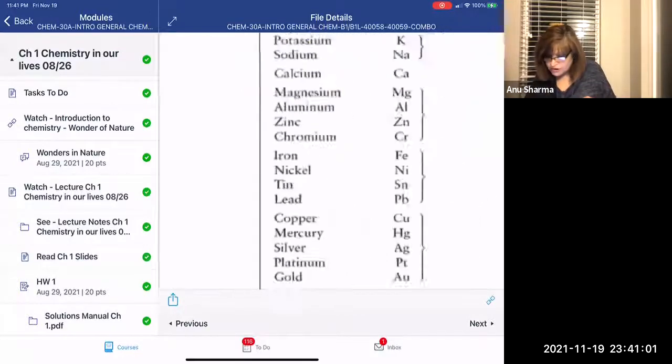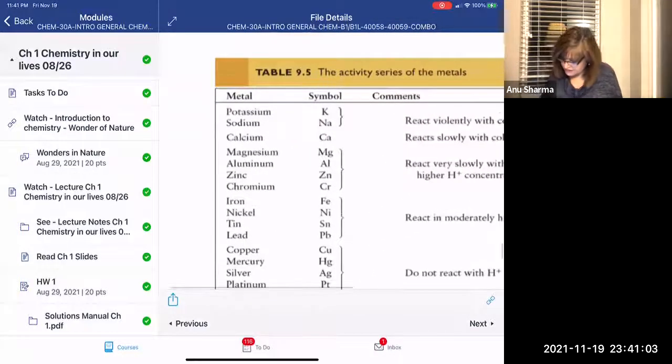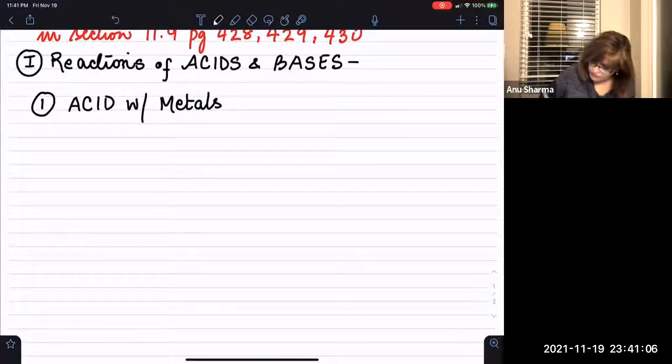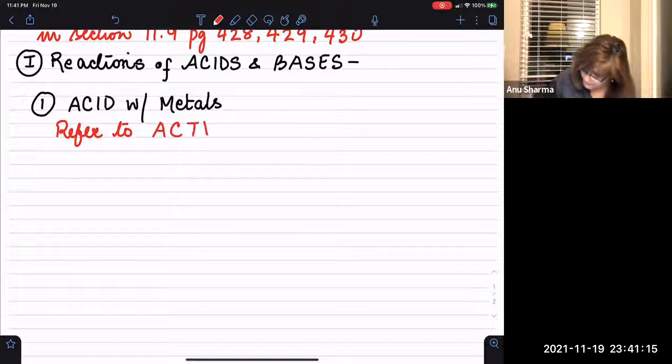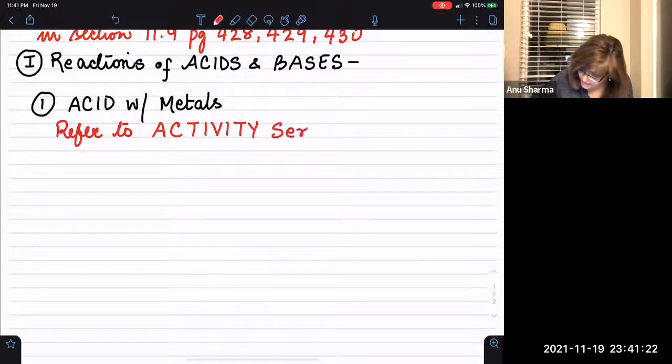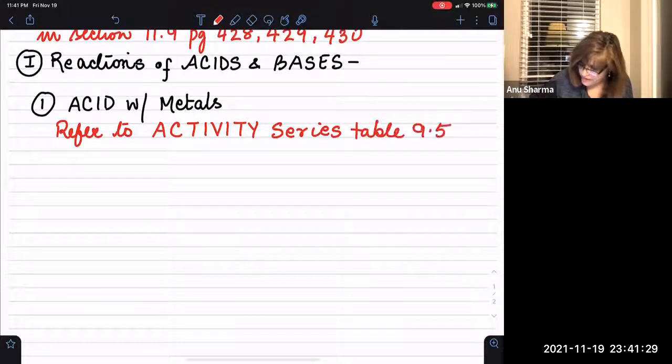So I'm going to just put here the activity series, table 9.5: refer to the activity series, table 9.5, page 16 in the handout.